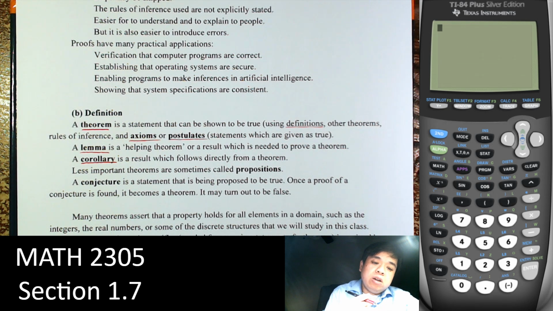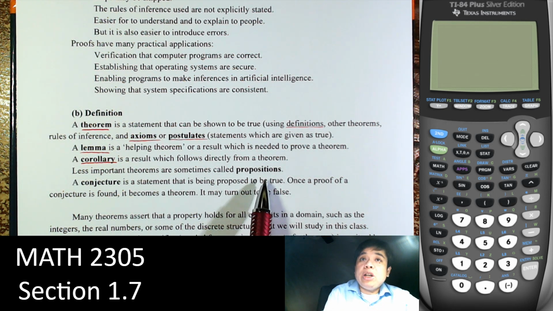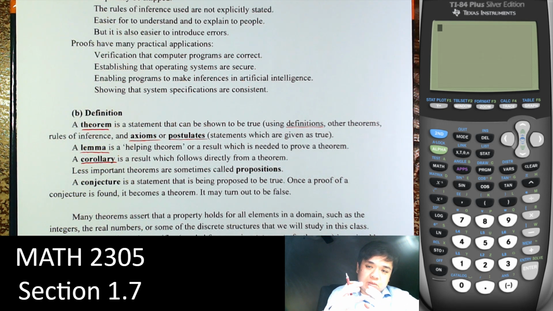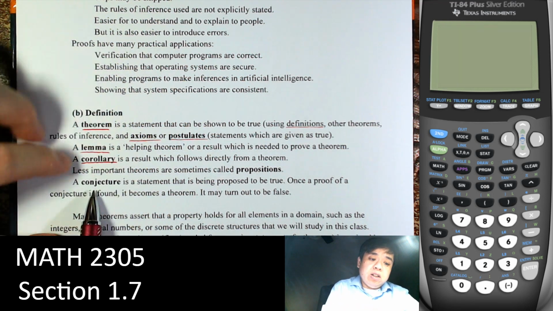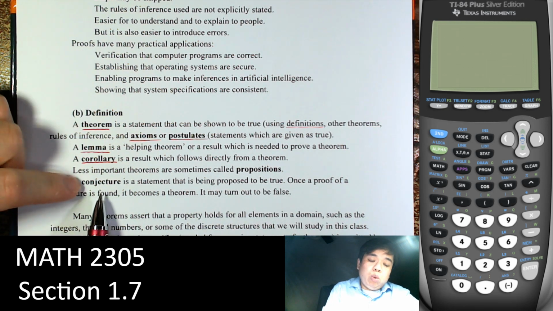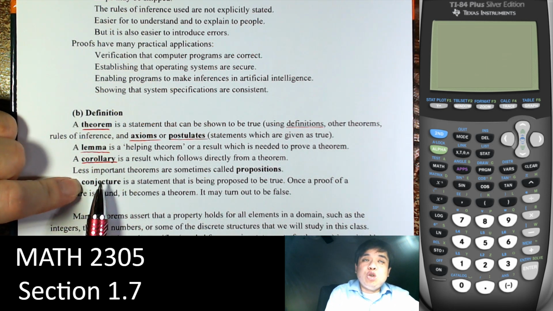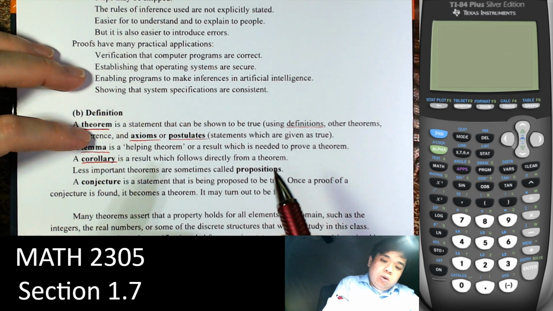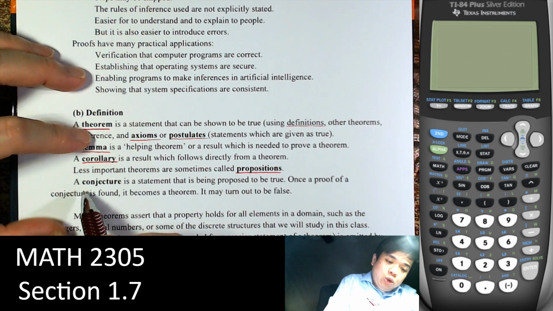Less important theorems are sometimes called propositions, something that we only need to use for some specific reason. And a conjecture is a statement being proposed to be true, so we don't know if it is true or not. This is to be proved. So those are all the terminology that we need to know.